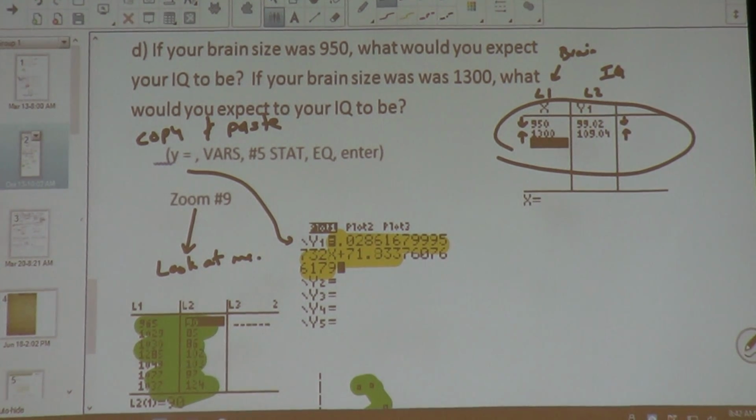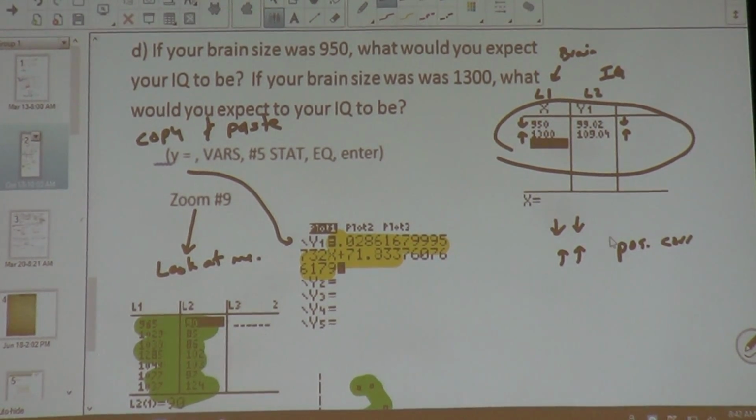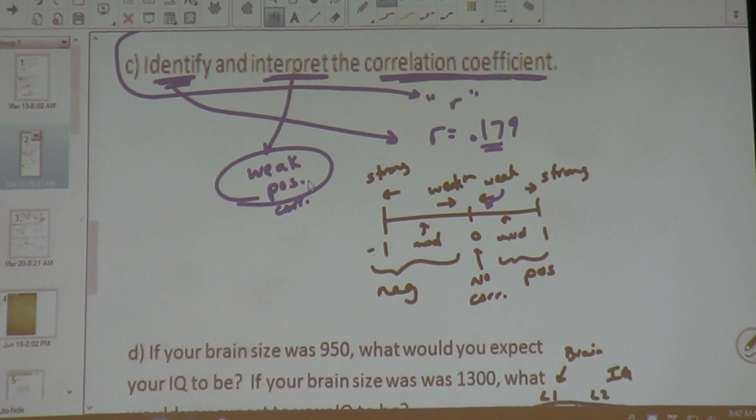So we learned in 7.1, or at the beginning of this chapter, that if the correlations go in the same direction, what kind of correlation is that? Positive correlation. Now, if I had to bet money on this equation, would you bet money on this? Why would I not bet money on this? Because it's very weak.